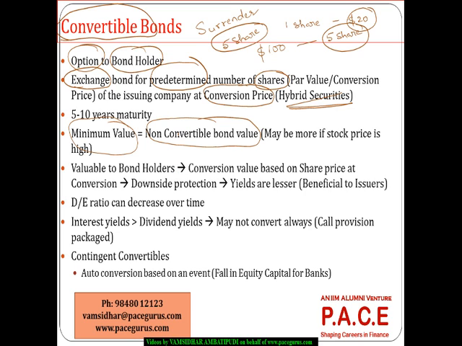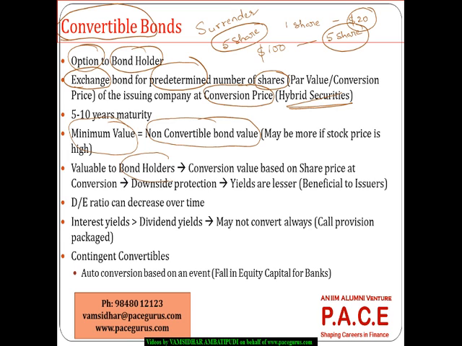Either it will be more than that, or at the worst case it will be equal to the value of the non-convertible bond, because the option to convert will be exercised only when the stock price is much higher. Otherwise it will not be converted. So the minimum value is the value associated with the non-convertible bond itself.